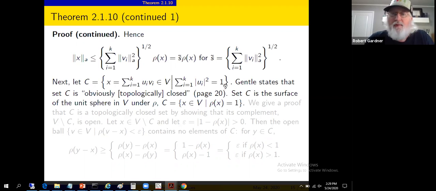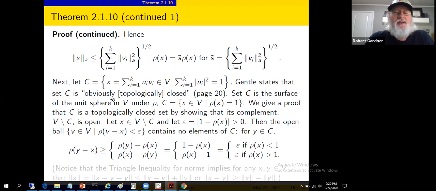Of course, got 1 without taking the square root. Same thing. Okay, so what we have here is actually the surface of the unit sphere in this vector space. And when I say unit sphere, that depends how you measure distances. We're measuring distances with a basis norm. It's all x in V that have a basis norm of 1. That's just the unit sphere in R^k under basis norm rho.